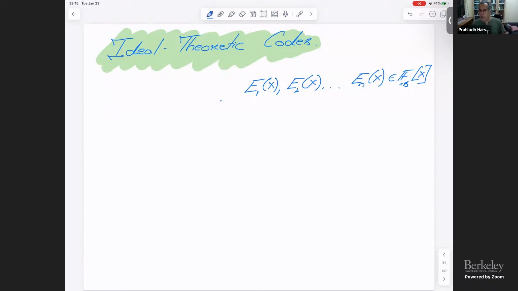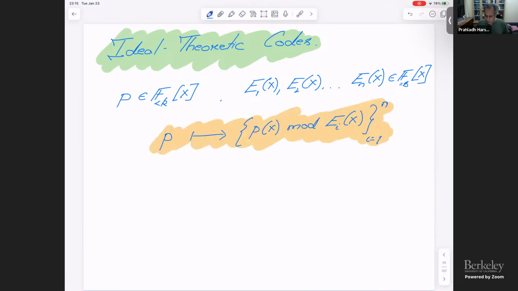So let E1, E2, up to En be n different polynomials, all of exact degree S. And to make it convenient, let's also assume they are all monic polynomials. And you want to represent the polynomial P mod these ideals. So what you'll do is give P mod each of these ideals.